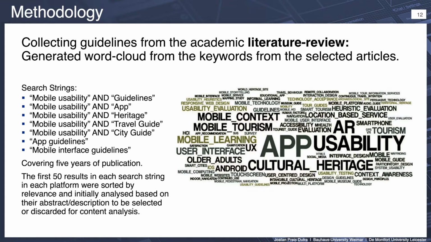And then based on the keywords that were presented in the documents, they generated this word cloud that I'm showing here on the screen that's very focused on app and usability and mobile context and mobile tourism. Just to see how the topics go around from this literature review.